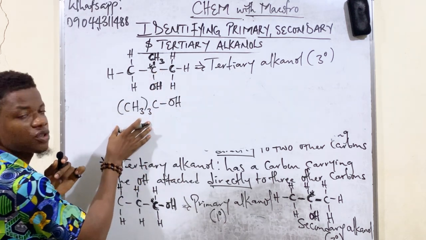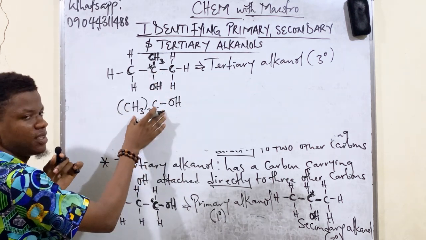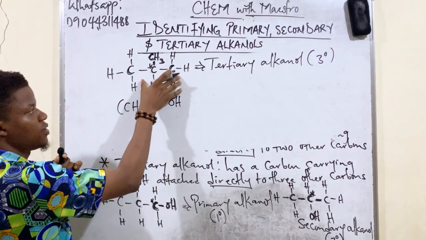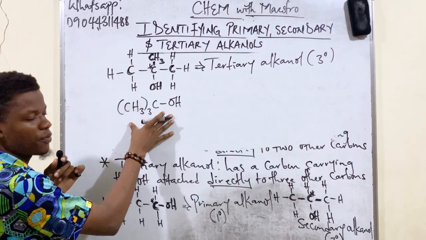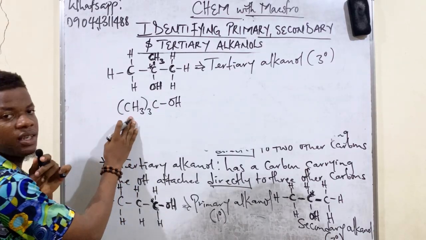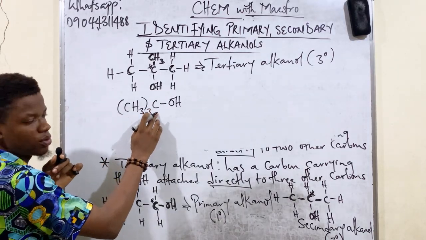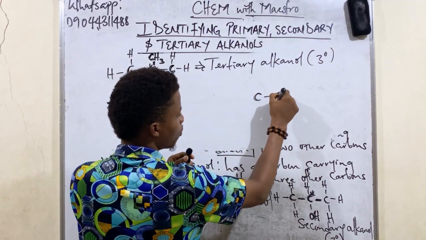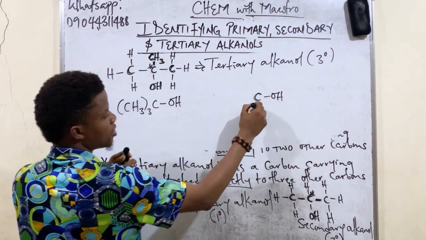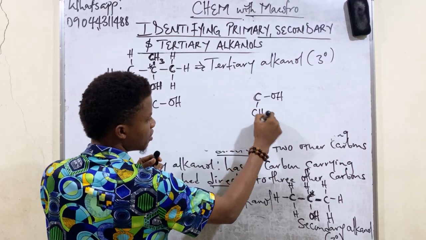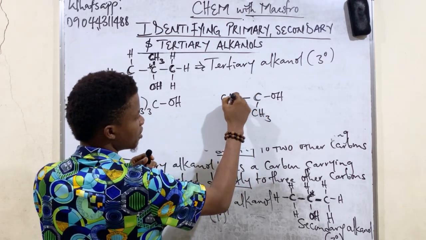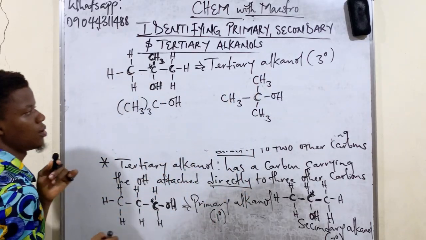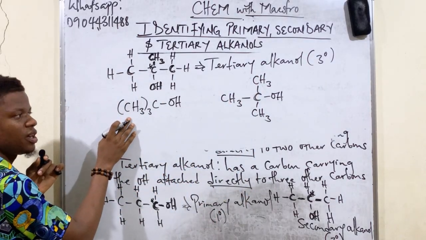It's just structurally different. It is a condensed structure of this. If you open this, it means that we have 3 CH3 attached to this carbon. So you have COH, your normal OH, then CH3 here, CH3 here, and CH3 here. So this is a condensed structure of this.